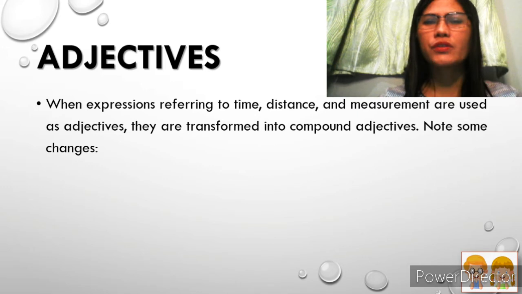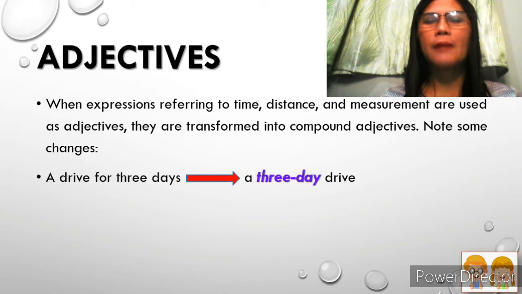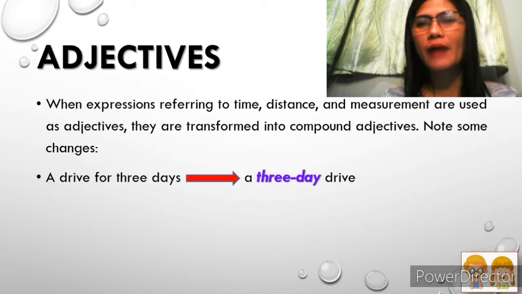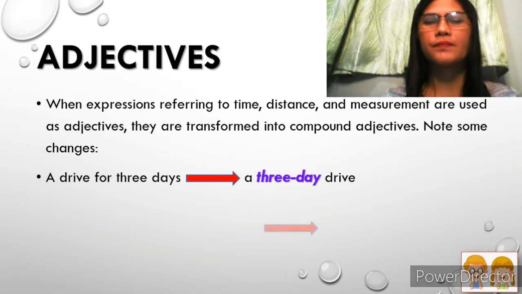When expressions referring to time, distance, and measurement are used as adjectives, they are transformed into compound adjectives. Note some changes. For example, if you are referring to time, a drive for 3 days, you come up with a compound adjective 3-day, as in a 3-day drive.